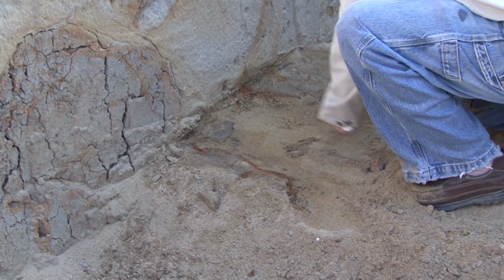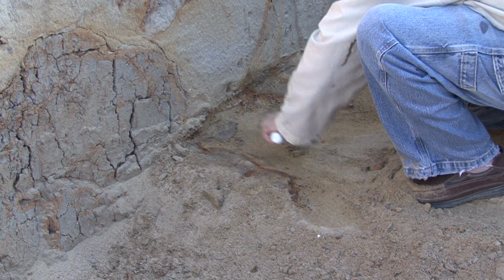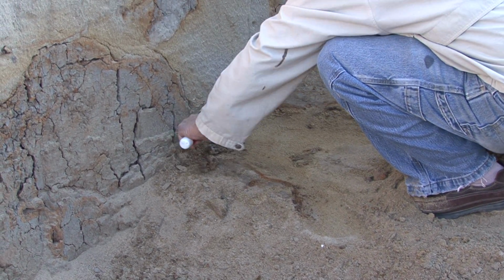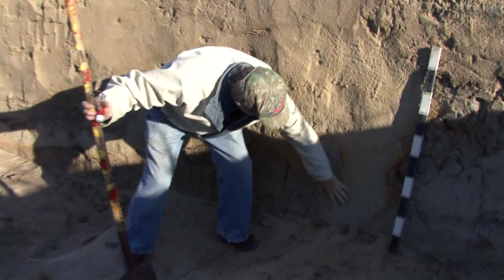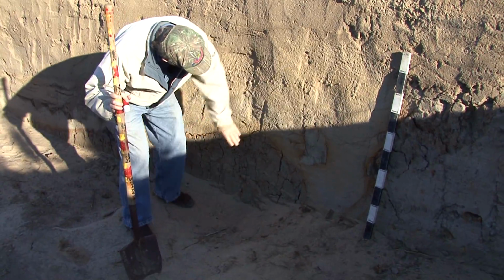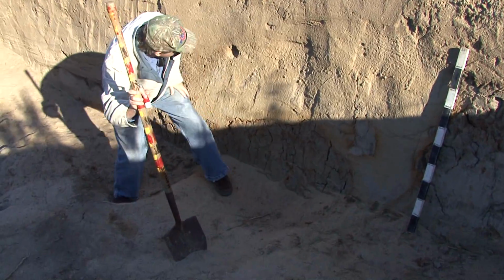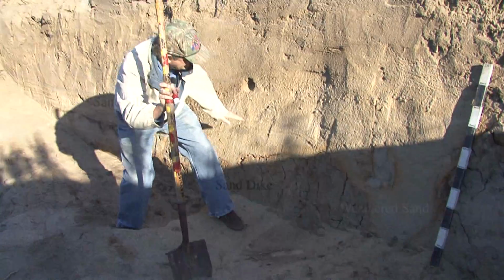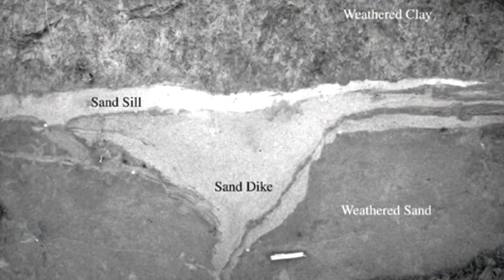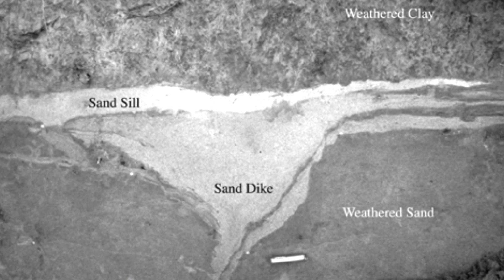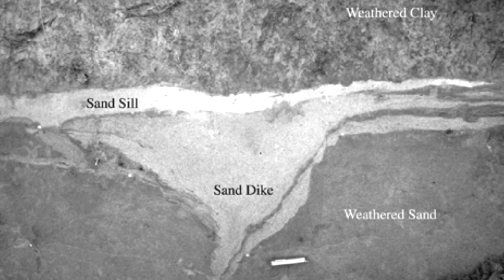If we find that in fact they are sand blows, and one of the key criteria for determining that is if there is a vent, a sand dike, a fissure through which the sand had vented to the surface, then we would study that feature in detail. But we would also want to go to places that you might expect features to form and see if you can find anything or not.